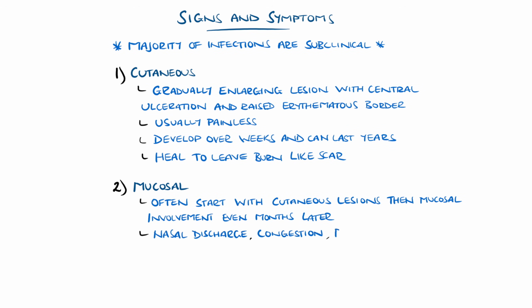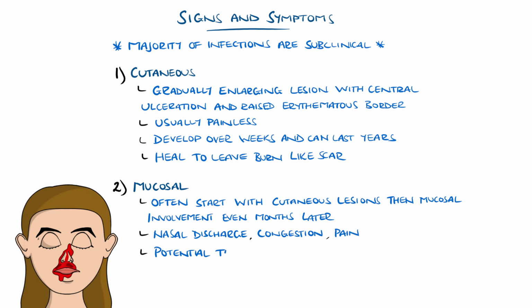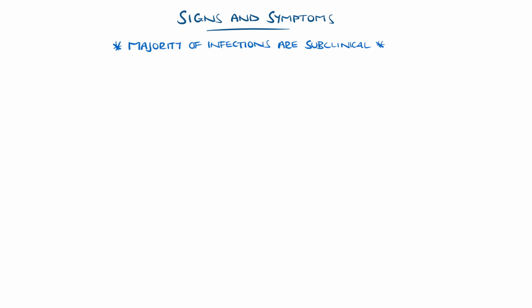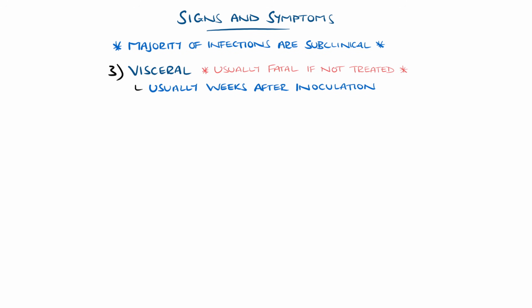Symptoms can include nasal discharge, congestion, and pain, and in severe cases may progress to cause destruction of nasopharyngeal and facial structures. The visceral form can be acute, but typically presents several weeks after inoculation. Only a minority develop progressive visceral disease, but if it is left untreated, it is almost always fatal.